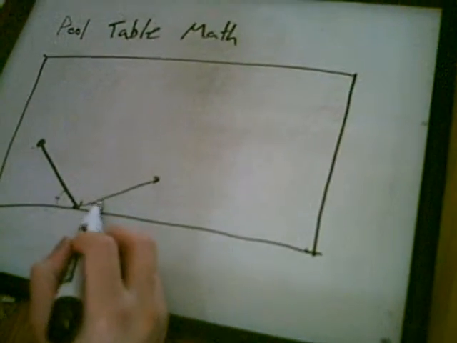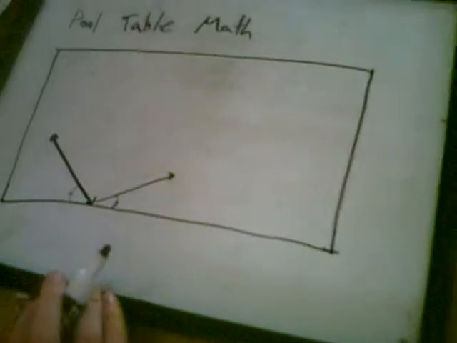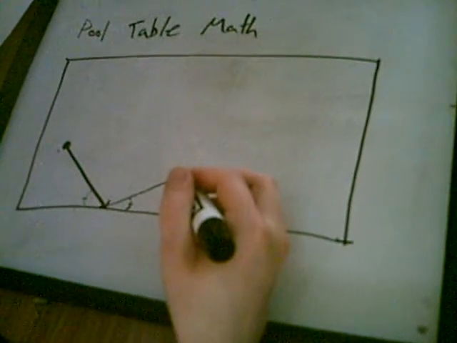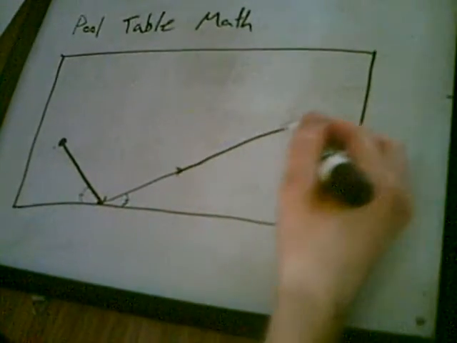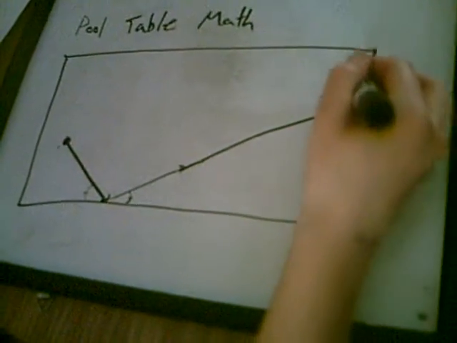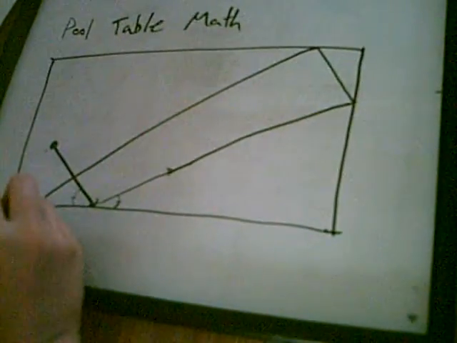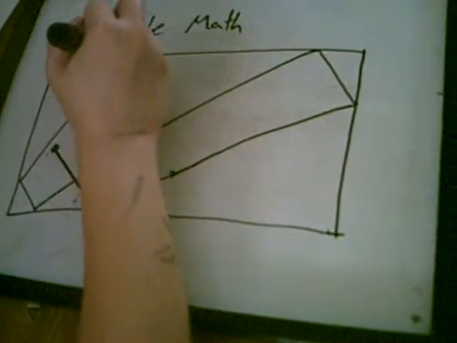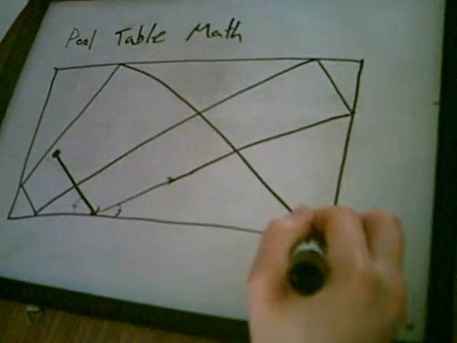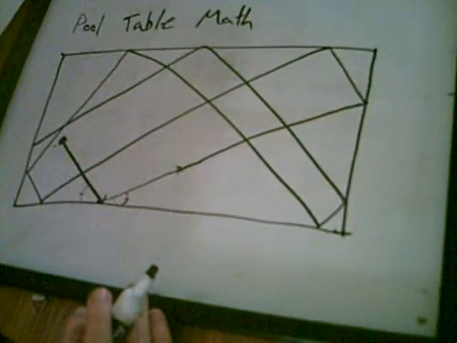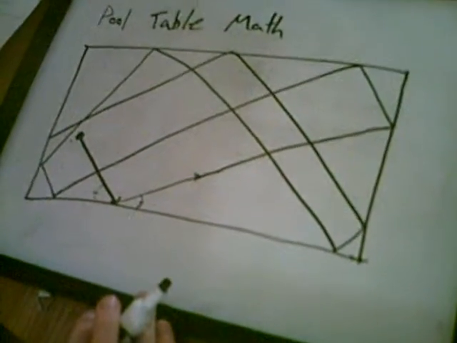So this angle is going to equal this angle. That's just the way it works. I'm not really sure why, but it does that. And then it keeps going and hits there and bounces off the same angle, and the same, etc. And it makes pretty little patterns like that.